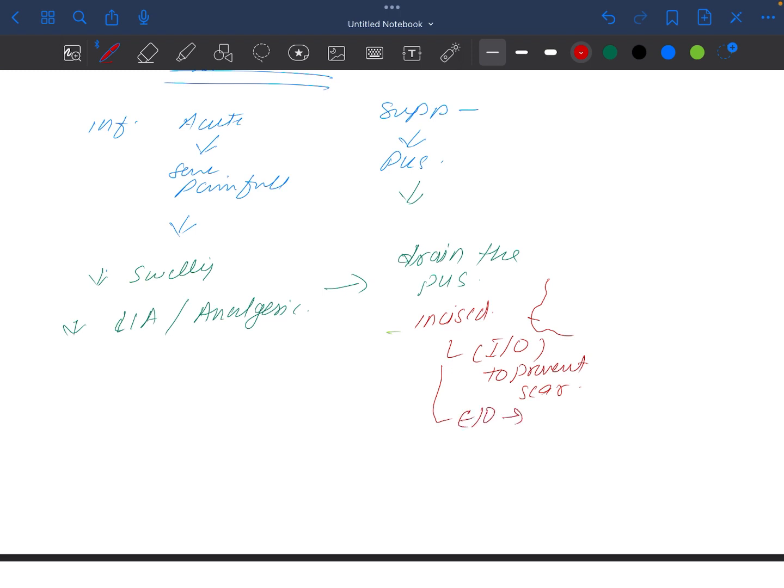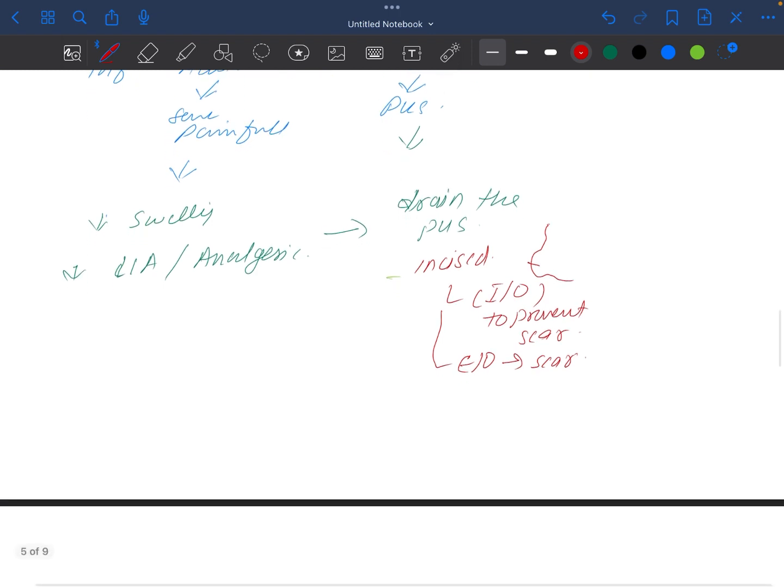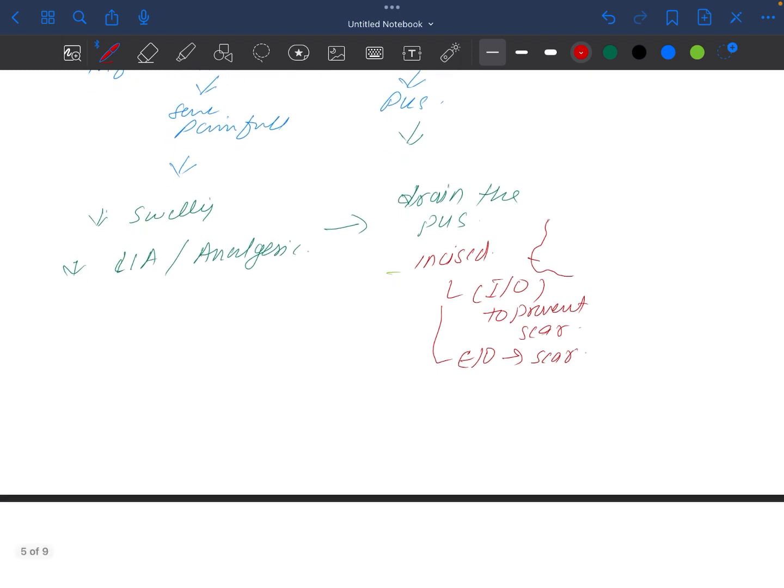The problem is scar formation will occur and the patient will have an ugly scar on his face. You don't want that, right? Another thing is, for a small lesion, do the aspiration with a syringe, correct?